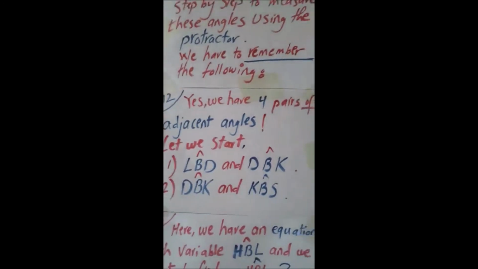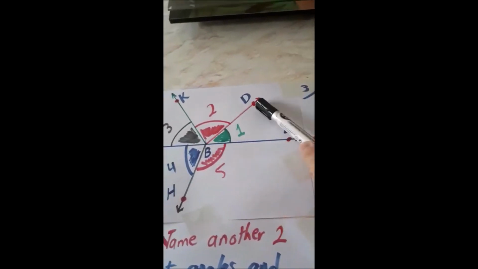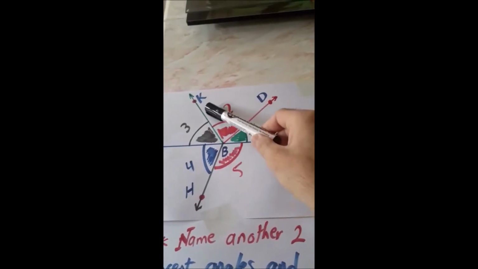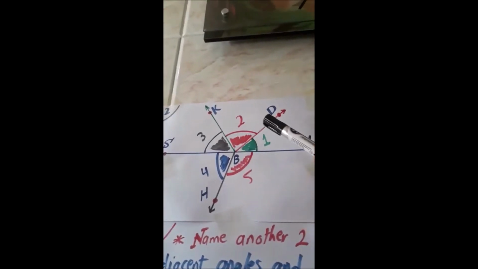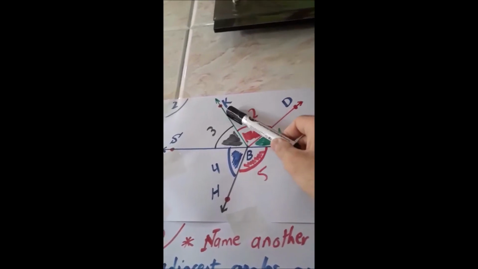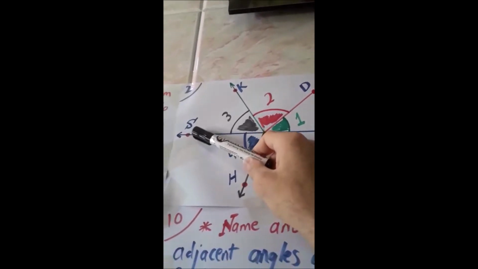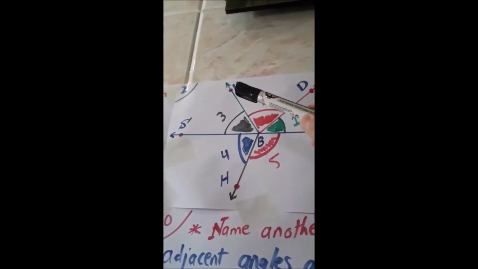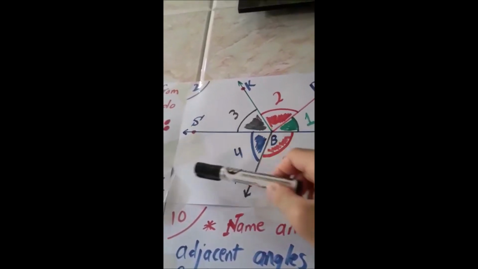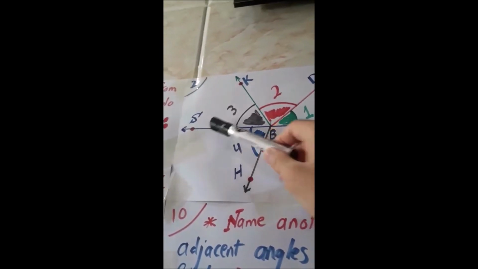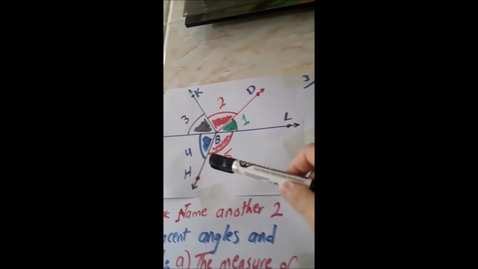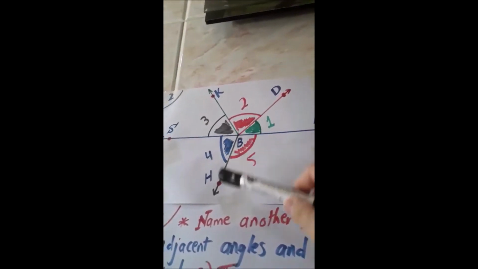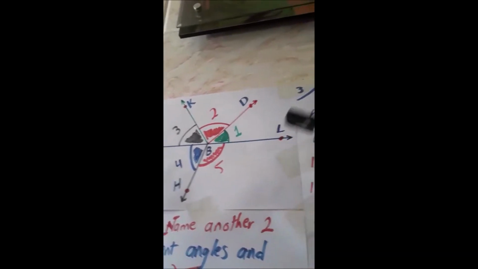Let me start. LBD and DBK. Then the other one, 2 and 3: DBK and KBS. Then the third one is KBS and SBH. And the last pair of adjacent angles are SBH and HBL.